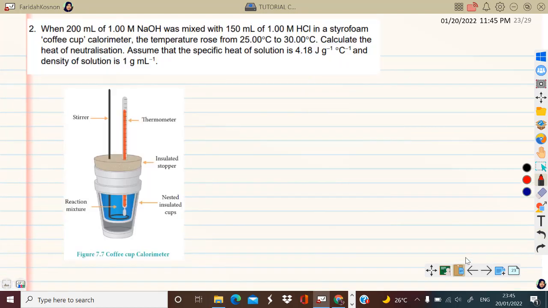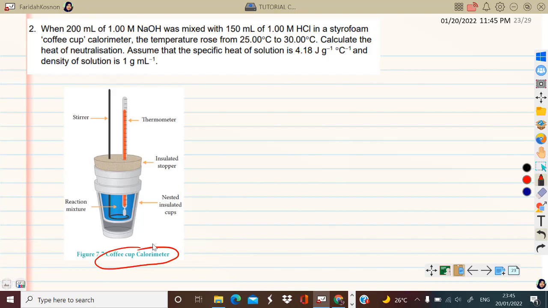Actually this question related to simple calorimeter ataupun coffee cup calorimeter. So, kalau you ingat semula dalam lecture, saya dah beritahu simple coffee cup calorimeter is used to measure the heat release from non-combustion ataupun heat change from non-combustion reaction, such as heat of neutralization or heat of solution.